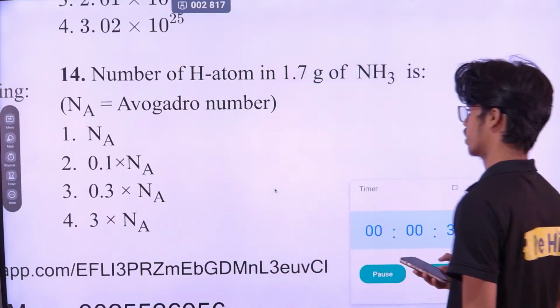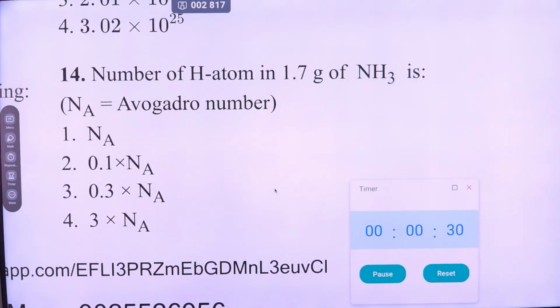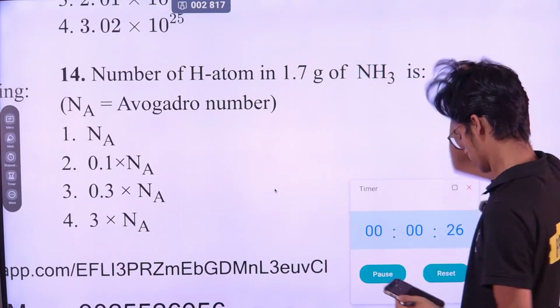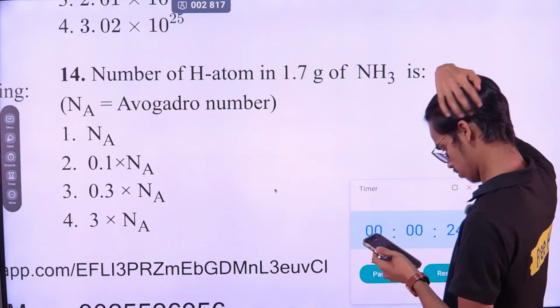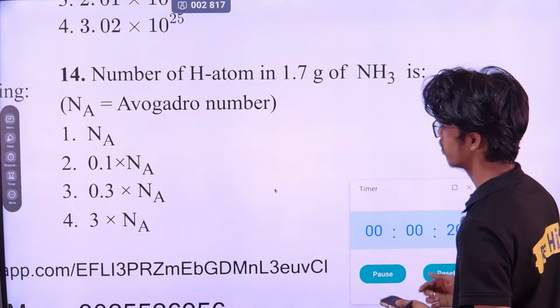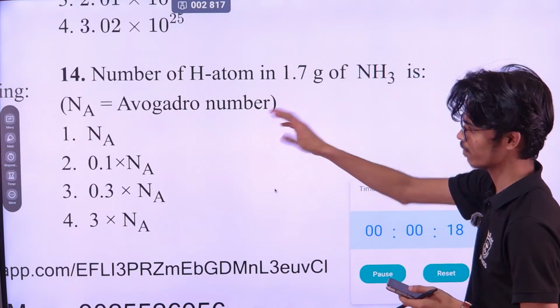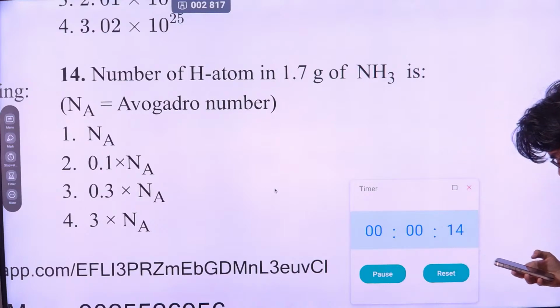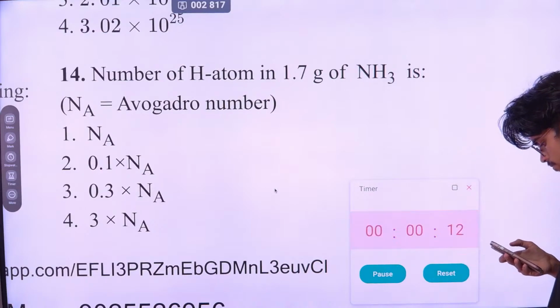You have to find the number of hydrogen atoms in 1.7 gram of ammonia. Let's see who is able to answer first. Whenever you are writing answers, try to write them with the question number, because there is a lag of 1 minute.